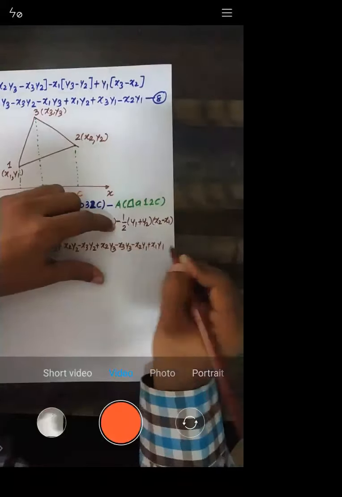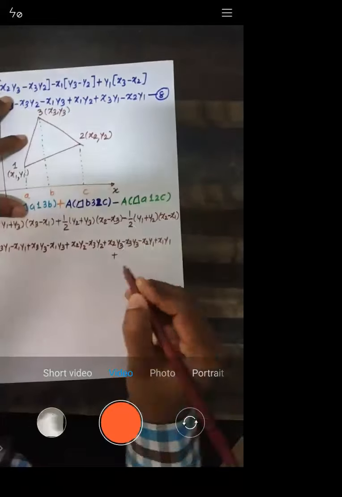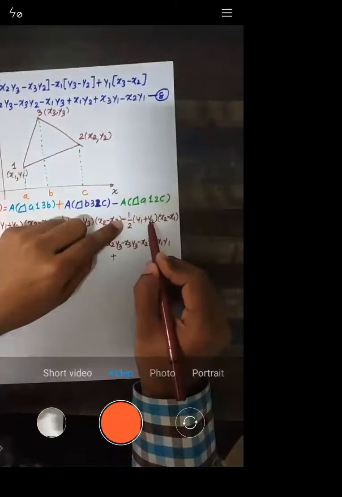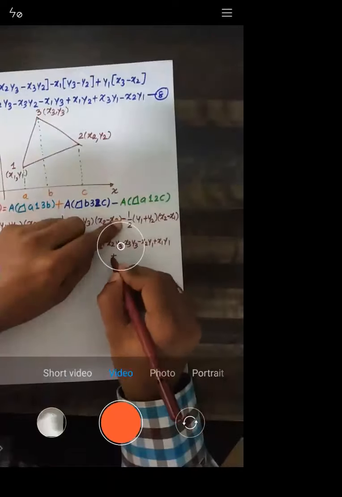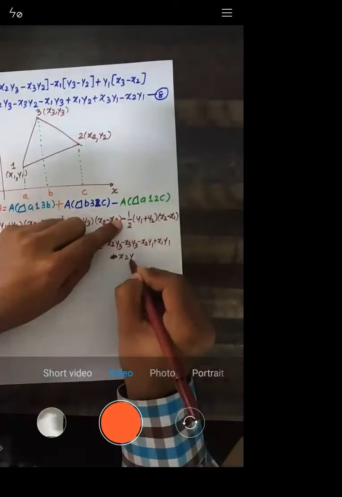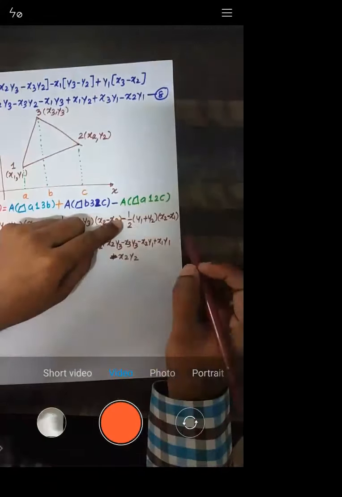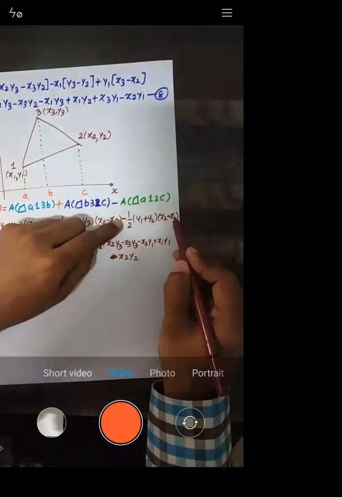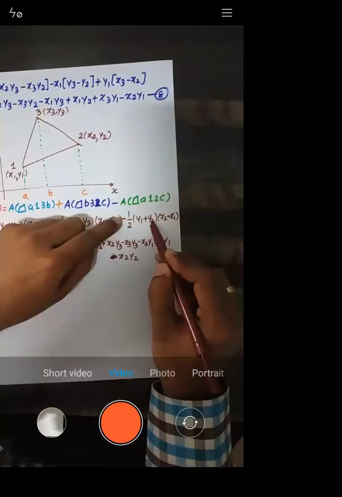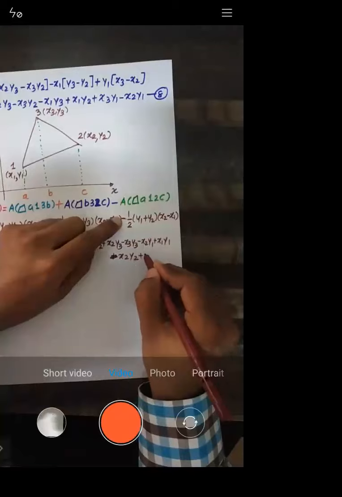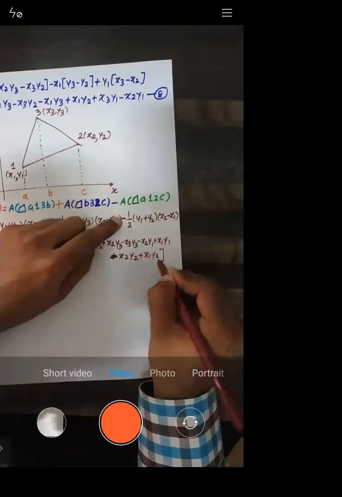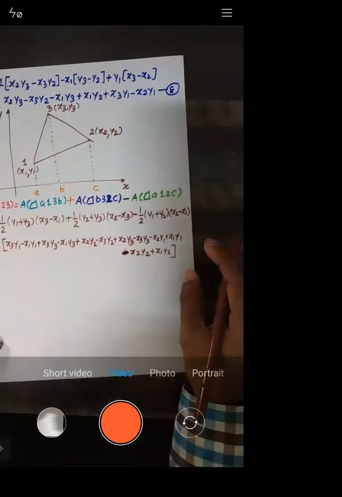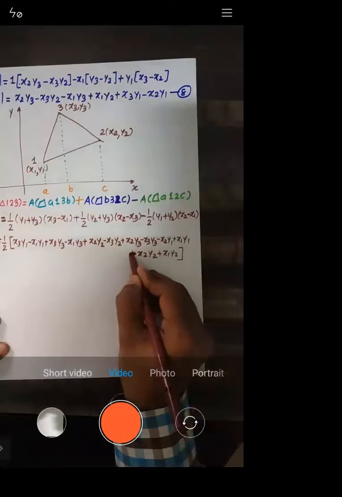Next, x2 into y2 is x2 y2 and the sign is minus, so this is minus x2 y2. Next, y2 into minus x1 is minus x1 y2 and again minus, so plus x1 y2. Let us see how to check these terms.